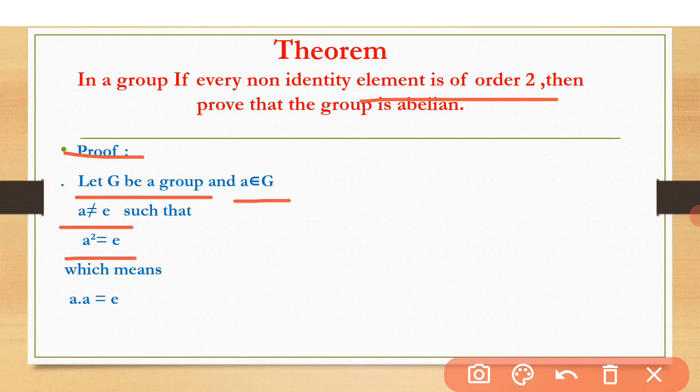So A square is equal to E, which means that A square, meaning A dot A if the operator is multiplication, is equal to E from this definition.